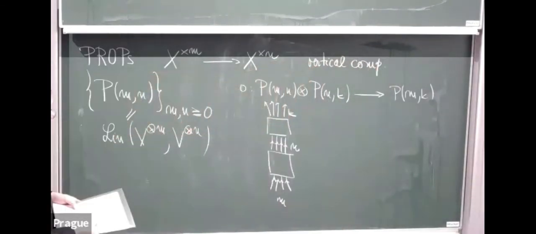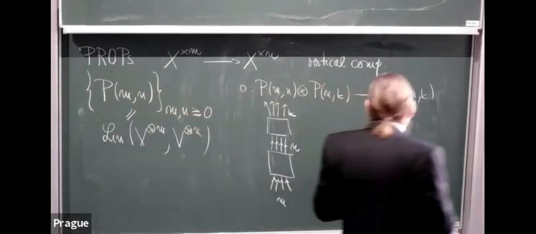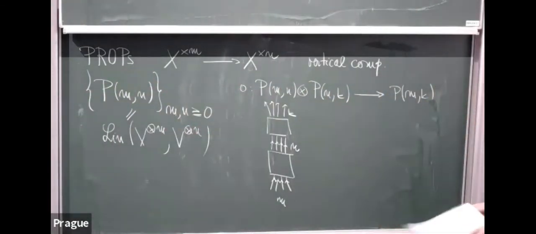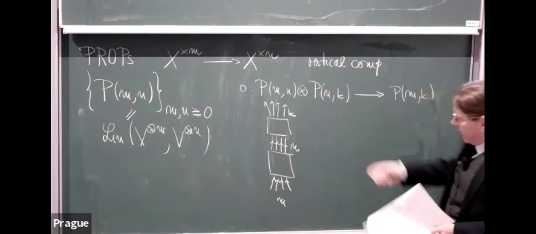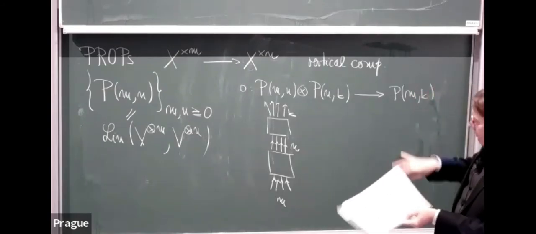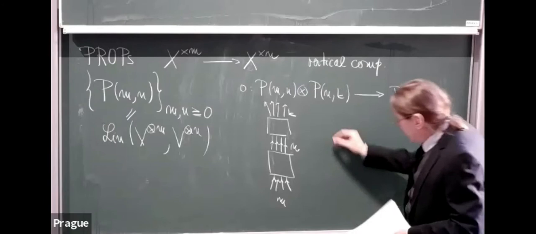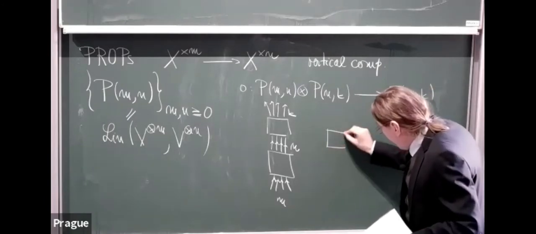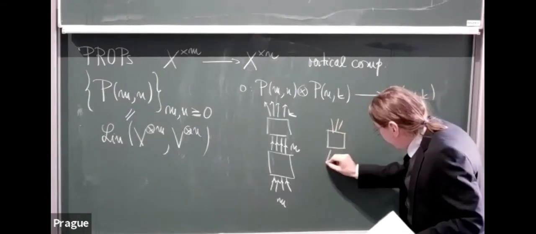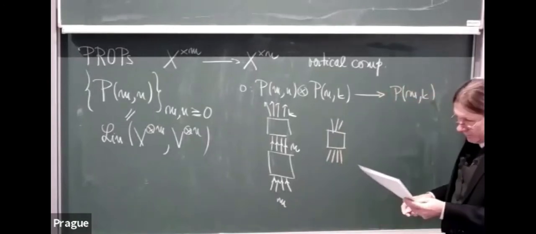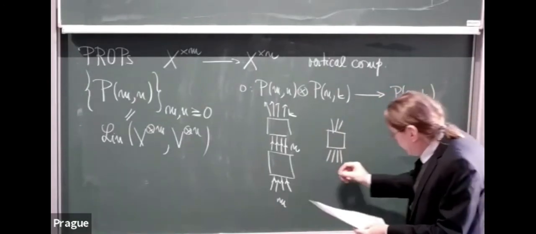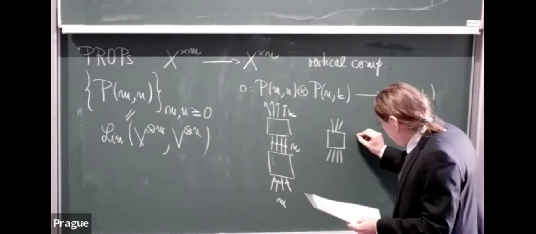And there is also a horizontal composition which generalizes the operation of putting maps side by side. Again, if I have a map, I am not going to draw the arrows to speed things up.